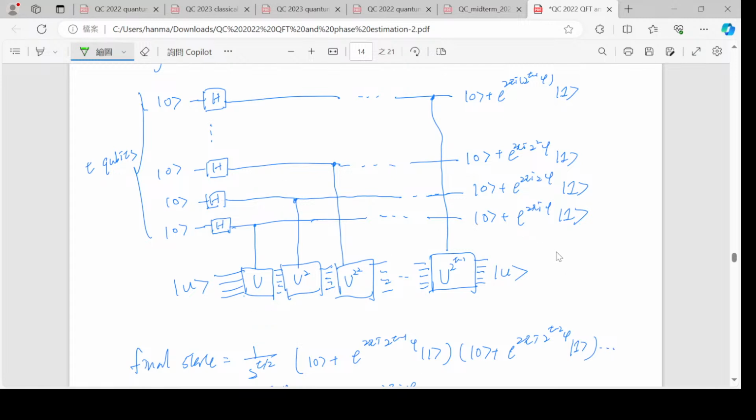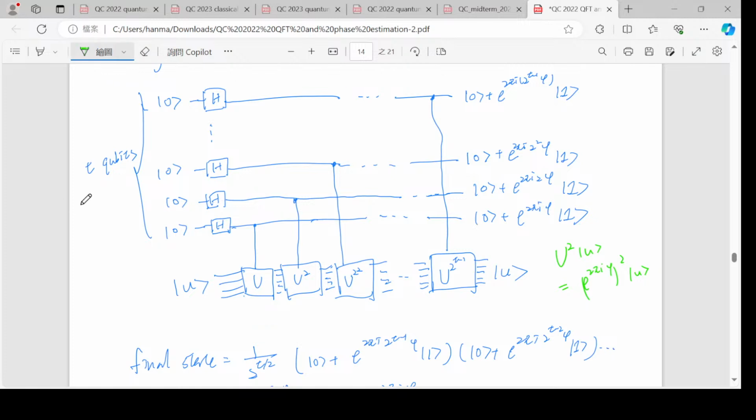U squared on the eigenstate u will be e to the 2 pi i phi squared on u, and that is e to the 2 pi i times 2 phi, because you apply U twice, so you get twice the phase.